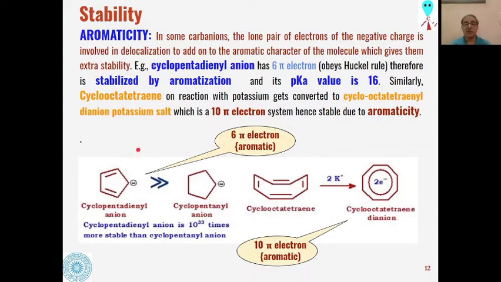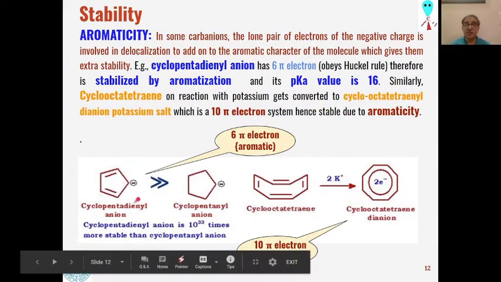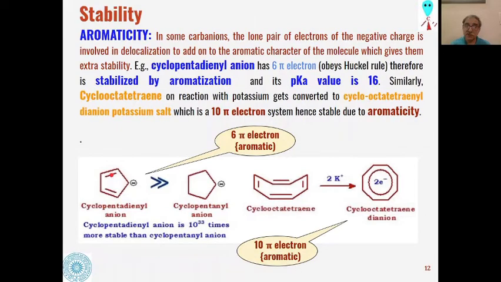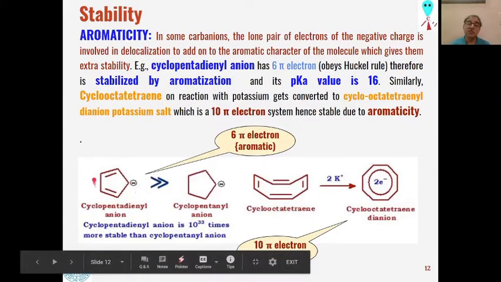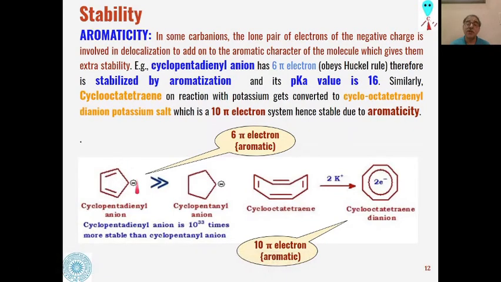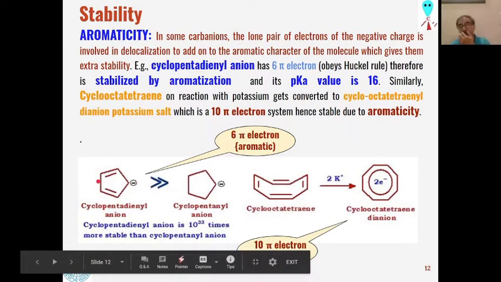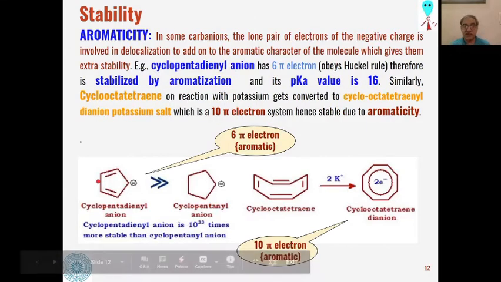So for example, if we consider the case of the cyclopentadienyl anion, this one, and if you count the number of pi electrons present in this anion, there are 6: 2 plus 2 plus 2. There are 6 pi electrons, and we know that 6 pi electrons means this will obey Huckel's rule, and this will be aromatic in nature.